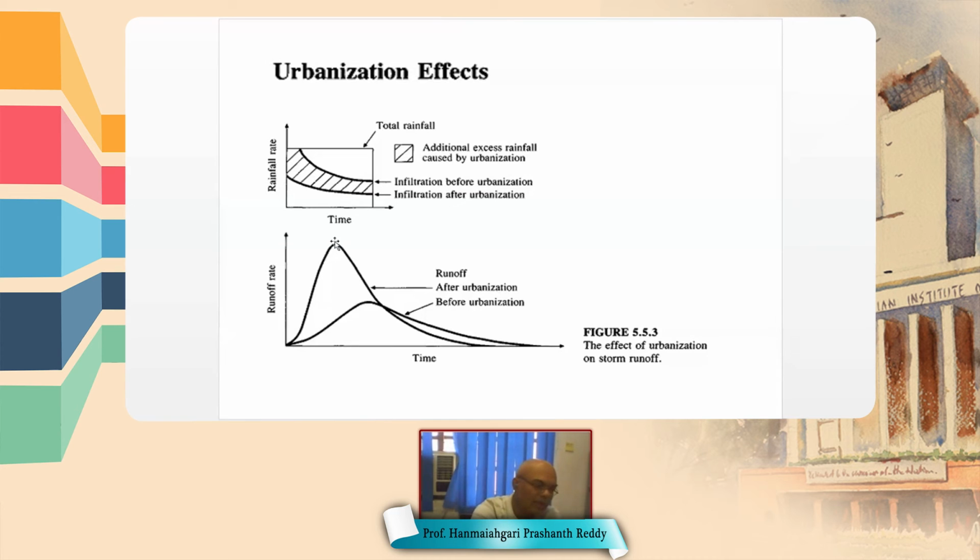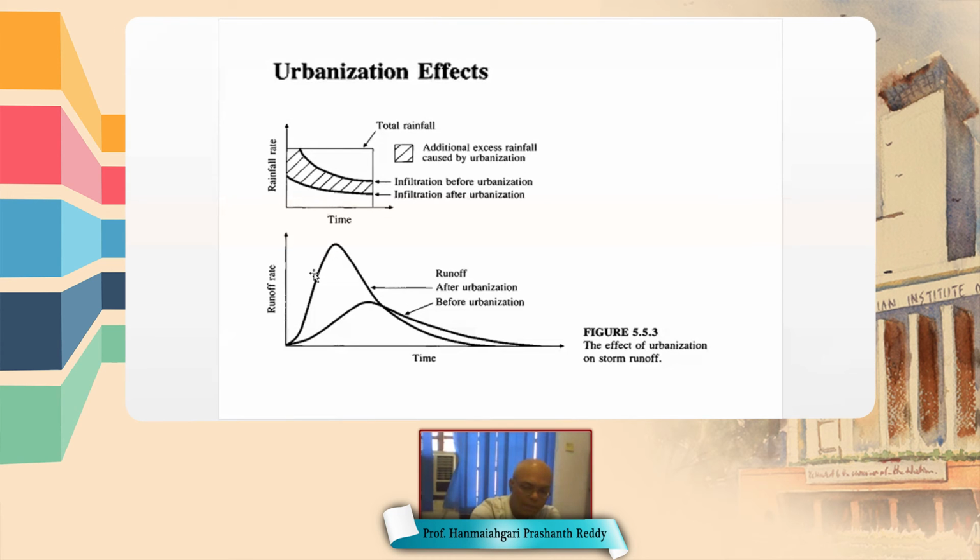Because of the impervious nature of these constructions, water is unable to seep into the ground, and that added to the surface runoff. Therefore, you can see this peak runoff after urbanization. The water which should have gone to infiltration added to the surface runoff. Therefore, this extra water is shown here. Did you understand now?